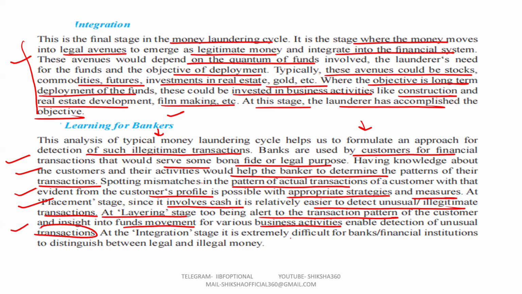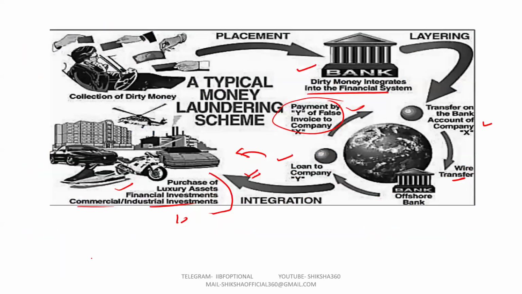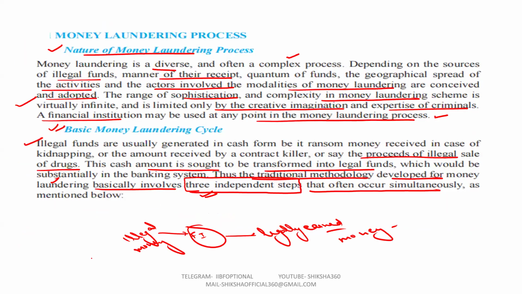At the integration stage, it is extremely difficult for banks and financial institutions to distinguish between legal and illegal money. So basically, the first and the second stages are used for the detection of the transactions. The initial stage is where we can easily detect that. So these are some of the stages of the money laundering cycle.